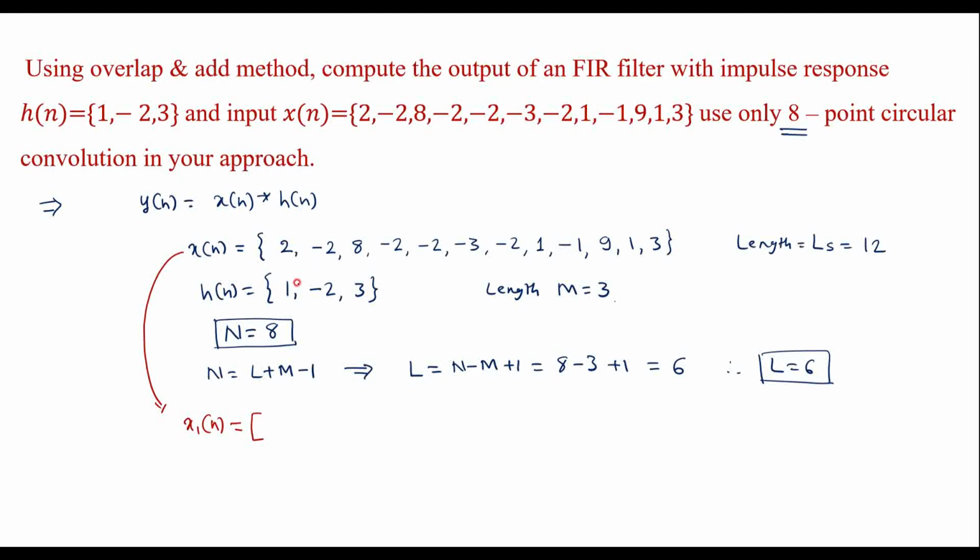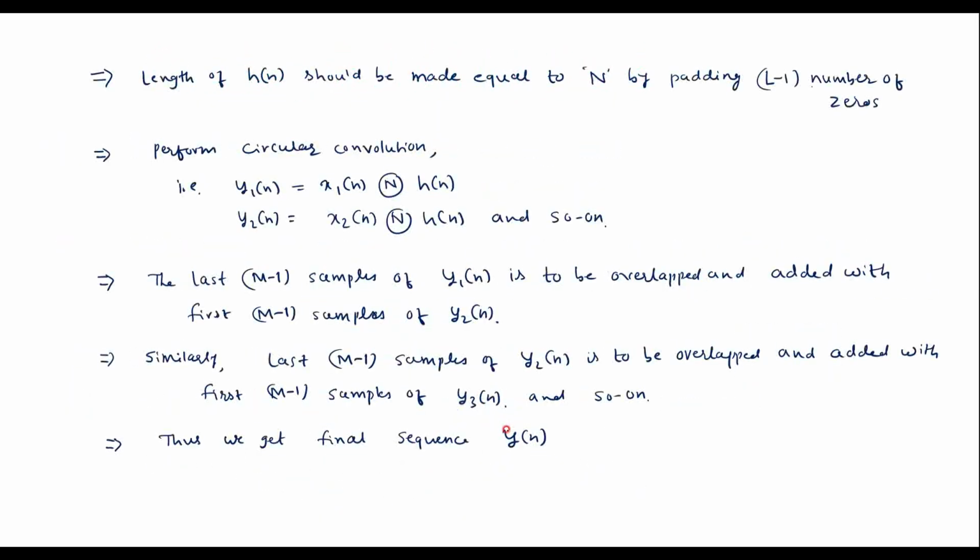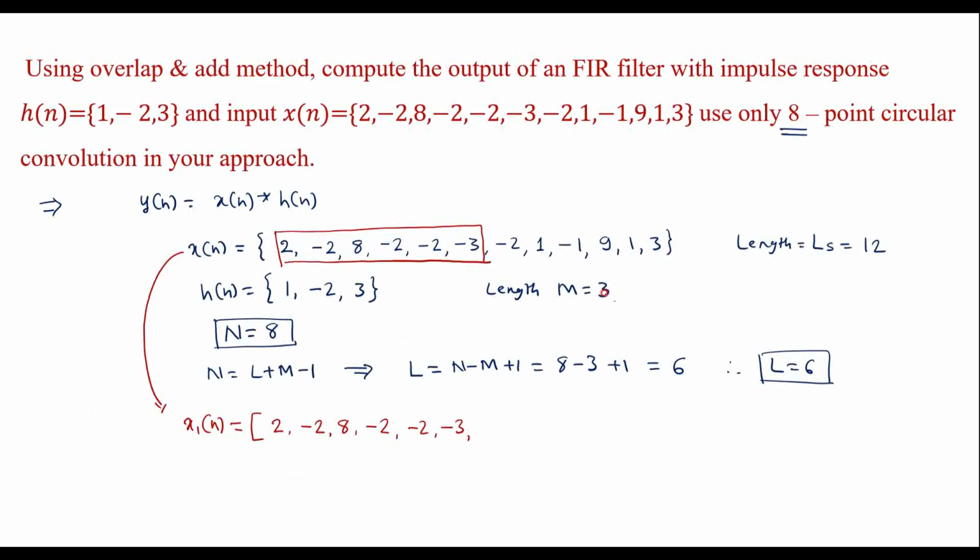So consider the first 6 samples of x of n, that is 2, minus 2, 8, minus 2, minus 2 and minus 3, followed by M minus 1 zeros. Here the M value is 3, so 3 minus 1 is 2. We are supposed to add 2 zeros. So here we can see that the length of x1 of n is 8.